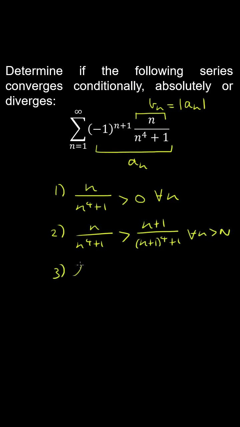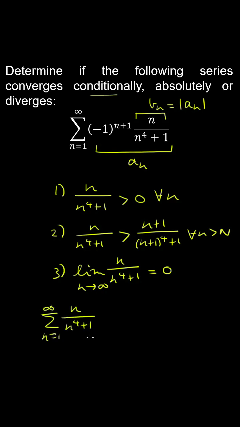We can also see that the limit as n goes to infinity of Bn is 0. So the series satisfies the checks for conditional convergence, and we check if the series converges absolutely by checking if the series of Bn terms converges.